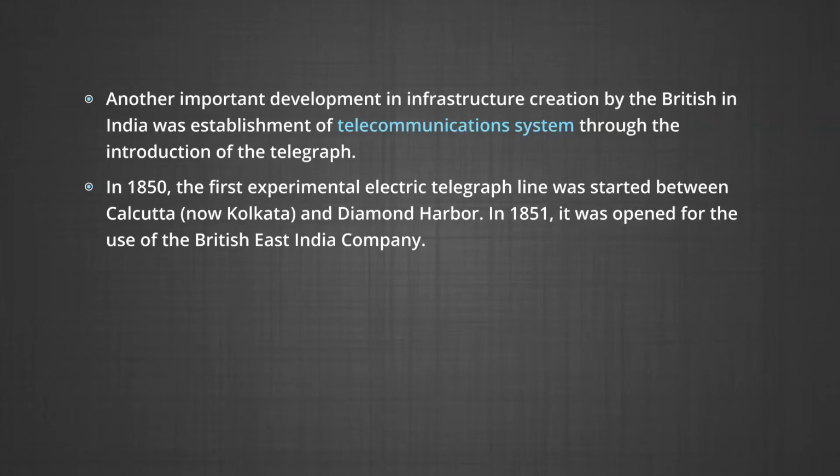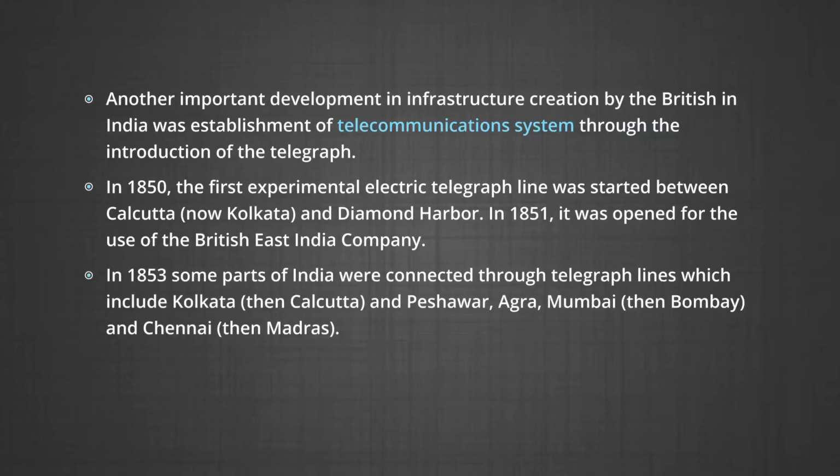In 1851, it was opened for the use of the British East India Company. In 1853, some parts of India were connected through telegraph lines, which include Kolkata and Peshawar, Agra, Mumbai, which was then Bombay, and Chennai, which was then Madras.